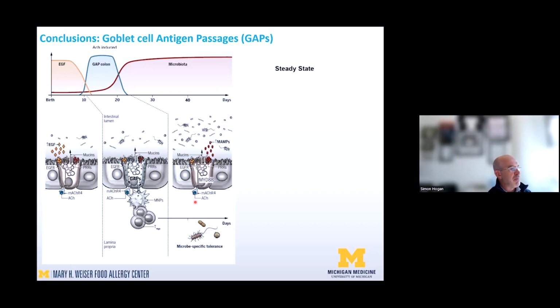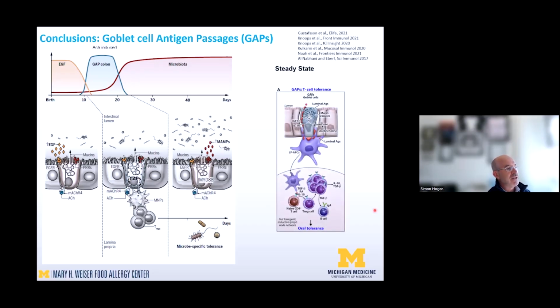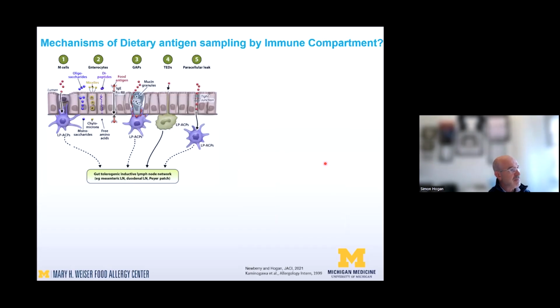This shows that there are mechanisms where we can control these antigen passages spatially and temporally, which we think relates to the ability of these antigen passages to shunt antigen to the immune compartment and regulate tolerogenic mechanisms, whether it's tolerance to the commensal microorganisms or tolerance to food antigens.